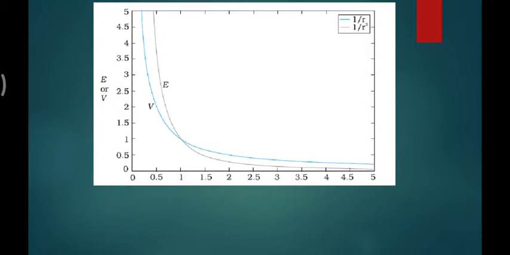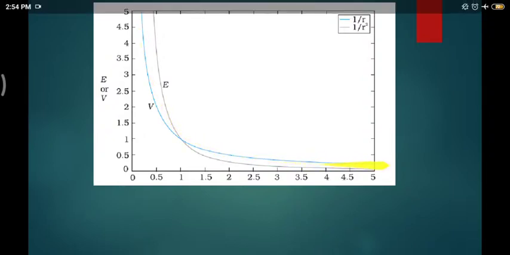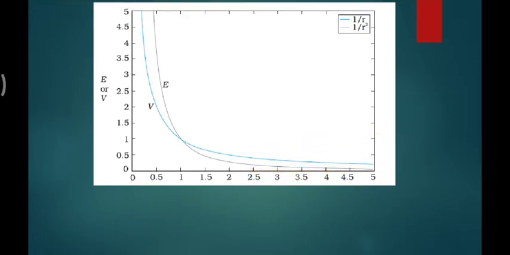So it reduces slowly compared to the electric field; you can see the graph of the electric potential is the bluish line above. Ultimately, the electric potential reduces slower, and the electric field diminishes faster than the electric potential.